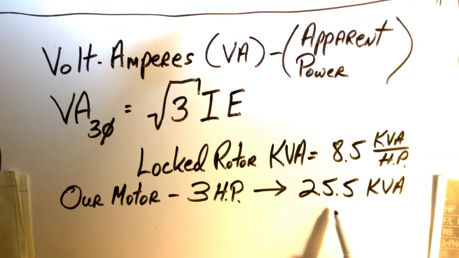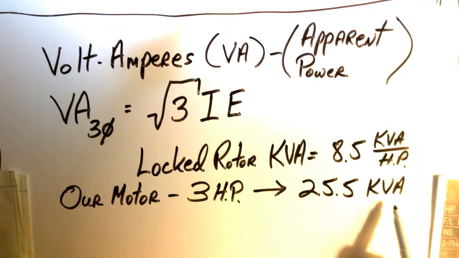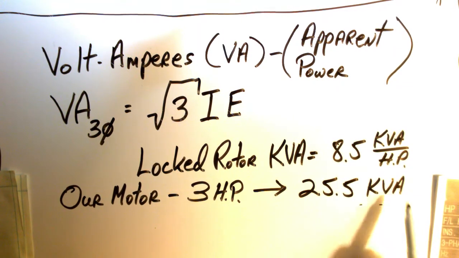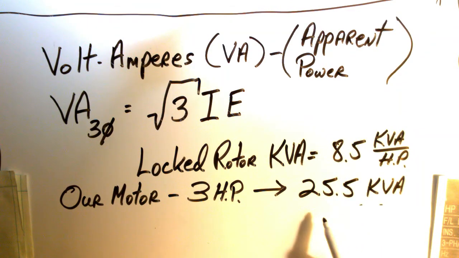You'll notice that the horsepower is gone from the denominator as a result of multiplying. So what we want to do, we're trying to determine how much current the motor will pull.